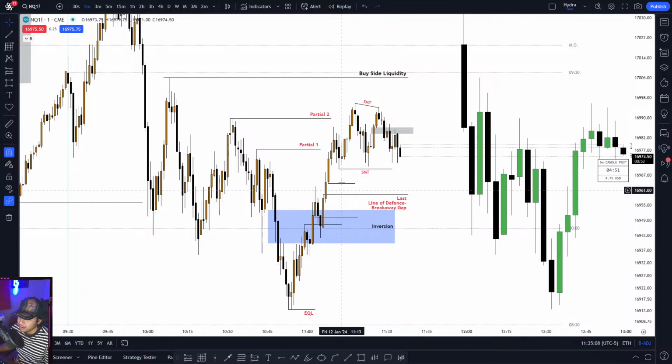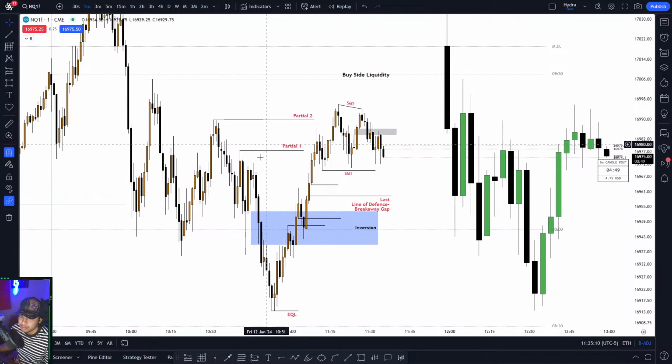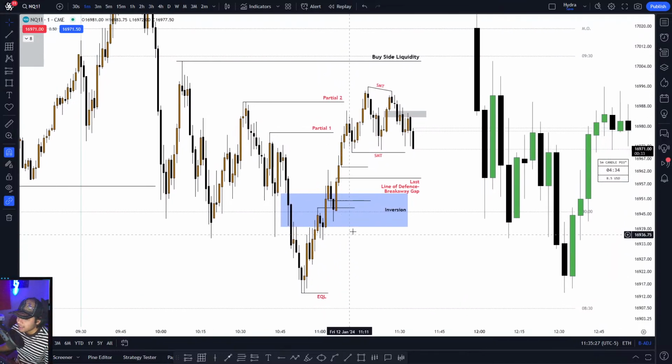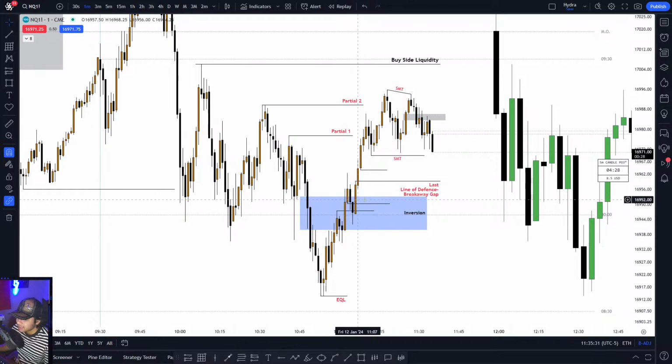I'll just tell you guys to rewind the stream and focus on the things that I used here, how I called the price, what I saw down here, even though we had this equal low, why I didn't want to see this equal low getting cleared out, and how I predicted the price would move higher with this inversion. And the same logic, folks, again and again. You will lose with every single model. It doesn't matter. At the end of the day, you will make more and more money.